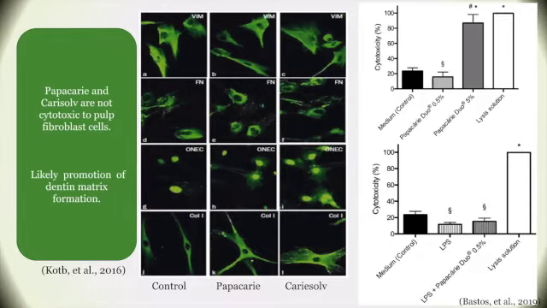Bastos and colleagues in 2019 concluded that papain-based gel presented a concentration-dependent cytotoxicity without affecting cell viability. They basically looked on cell macrophages and dental pulp cells, and they concluded that 5% Papacarie Duo solution was cytotoxic to macrophages.